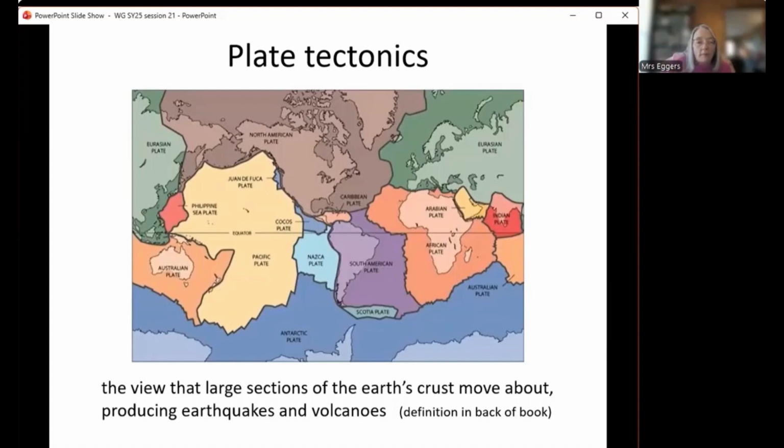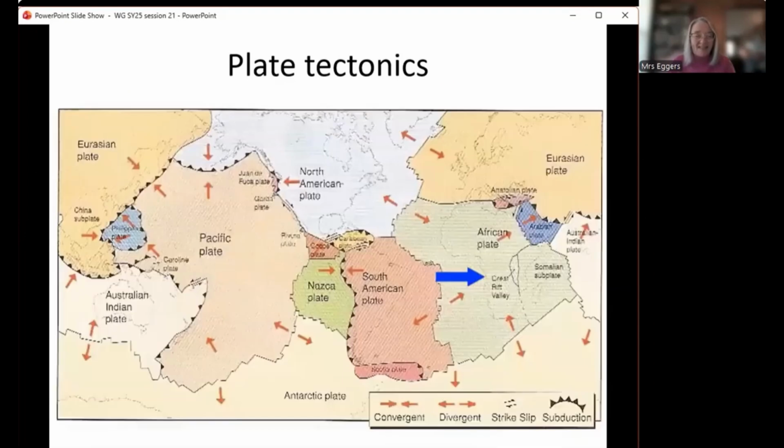Some geography books will describe a subplate or another plate right here. But anyway, plate tectonics is the view that large sections of the Earth's crust move about. We talked about that early in the school year. See, oh, there it is, the Somalian subplate.